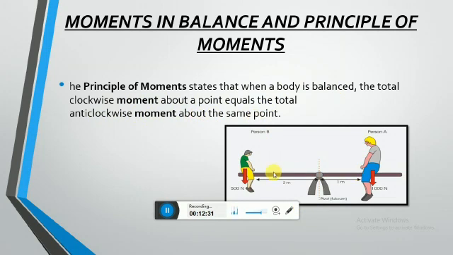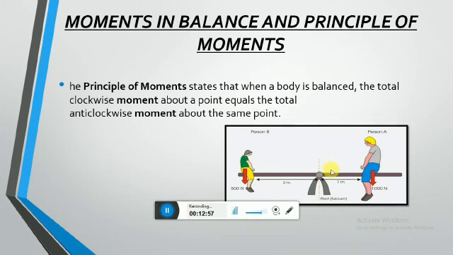Look at this figure as an example. A person sitting close to the pivoted point or fulcrum, having weight 1000 Newton, and let's calculate its moment or torque. 1 into 1000, the answer would be 1000, and it moves clockwise.